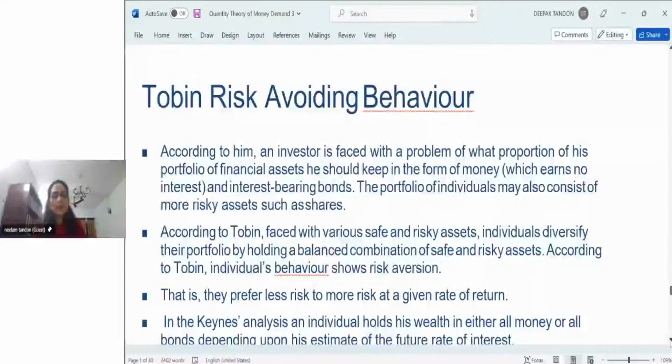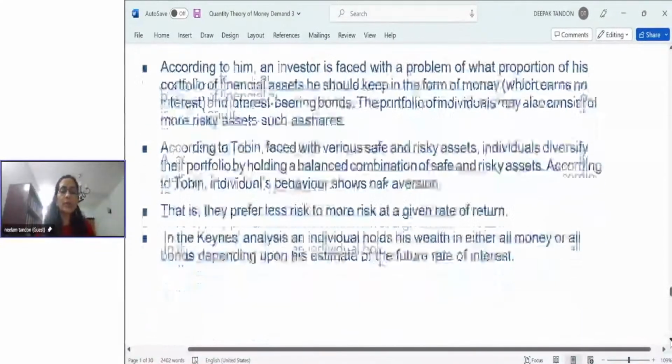And if the government or the financial system wants people like me to invest in the market, they have to offer a return which is more stable and substantially higher. Then only it will motivate me to go for investing. So Tobin decided the behavior based on the risk appetite of the players.